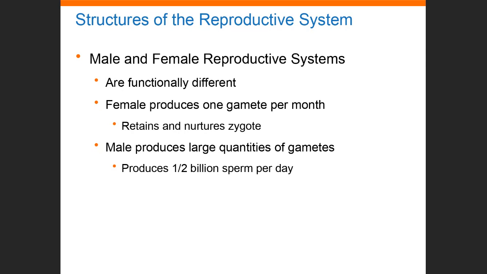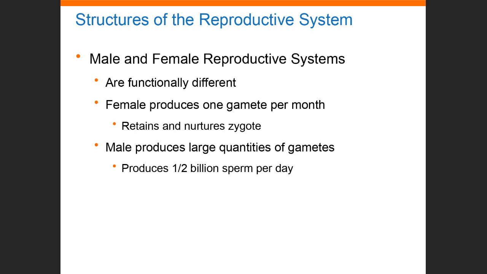Okay. All right. Now, when we look at it again, number-wise, males can produce up to 500 million sperm per day. So remember, that's not 500,000, it's 500 million sperm. And then females are trying to produce one per 28-day cycle.